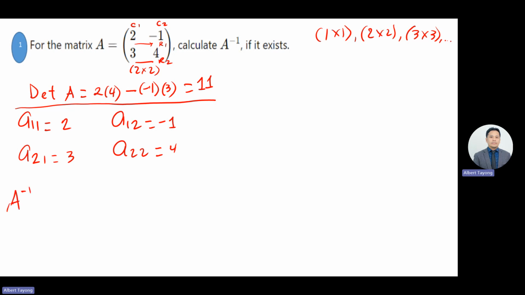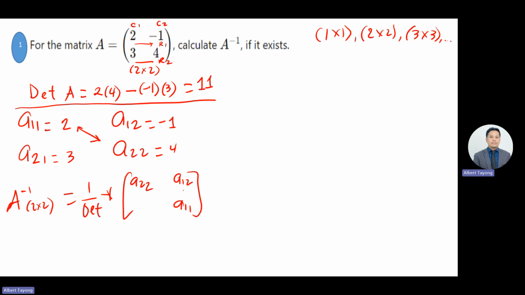The inverse of any 2 by 2 matrix is equal to 1 over determinant times, we are going to swap these two. So this will become A sub 22 and this will be A sub 11.